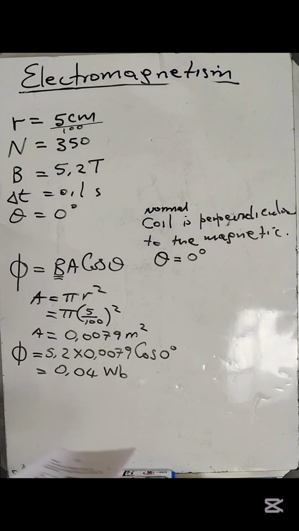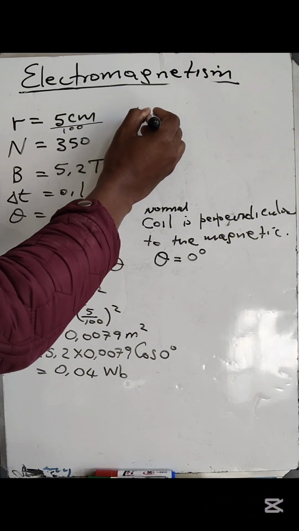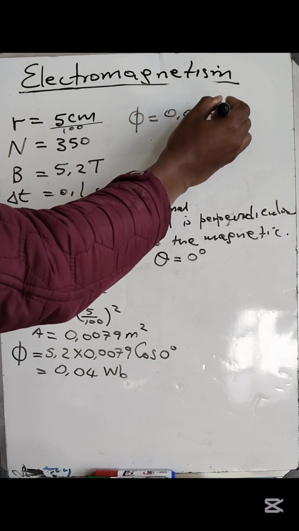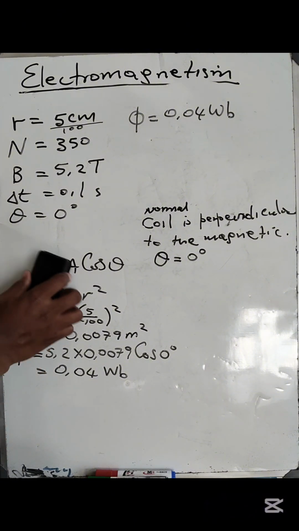Then the following question says calculate the EMF. So we have the magnetic flux linkage, which is 0,04 Webers. The question says calculate the EMF induced.